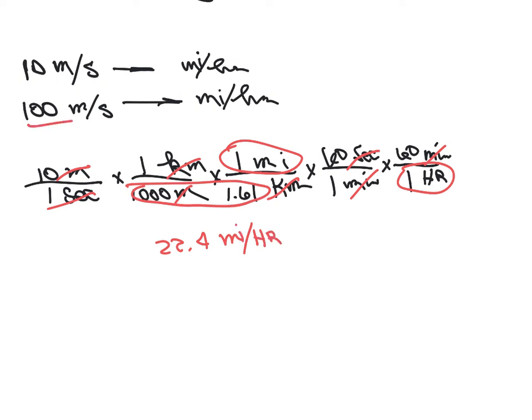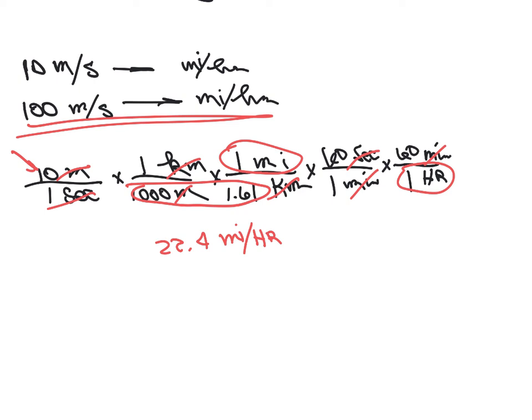When I do it with this one, I'm going to do the exact same thing, the only difference is instead of a 10 here, I'm going to have 100. So I don't have to go through and do all of this work here because I'm changing it to the same miles per hour. So nothing changes here, just that this is 100 instead of 10.